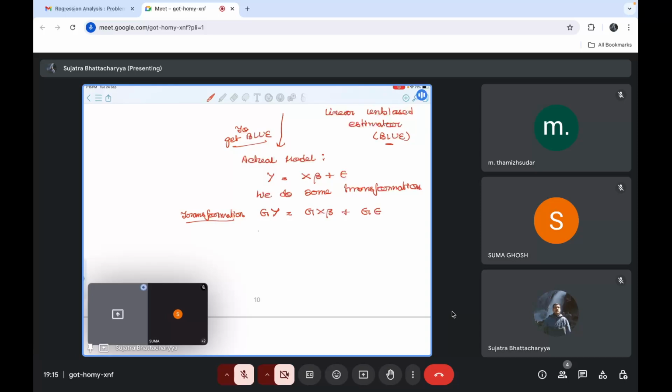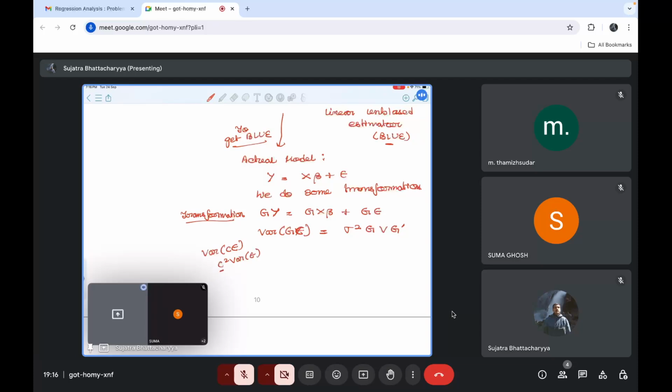Okay, now if you do variance of g epsilon, because epsilon is our main thing, variance of g epsilon will be equal to sigma square g v g prime. Why are we writing like this? Just remember, if you have variance of c times epsilon, c is a constant, it will be c square variance of epsilon, correct?